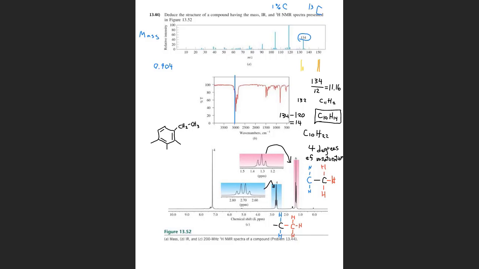I'll give you a hint. The key factor here is the singlet. The benzene ring is a singlet. Would it be para given the distance between the chemical shift?